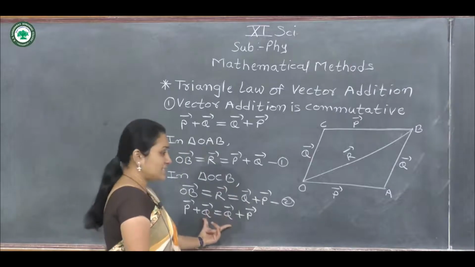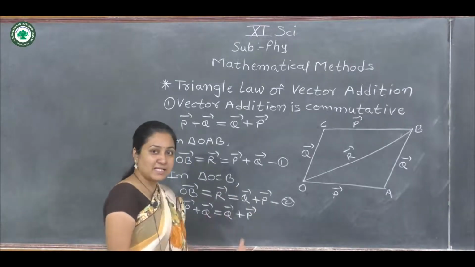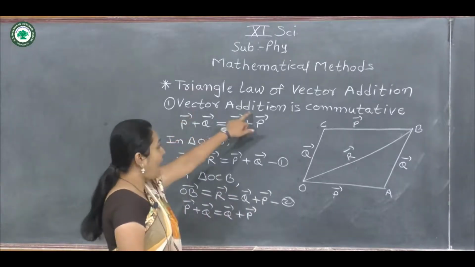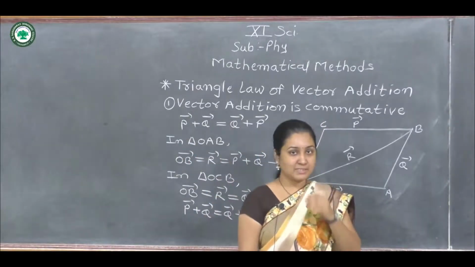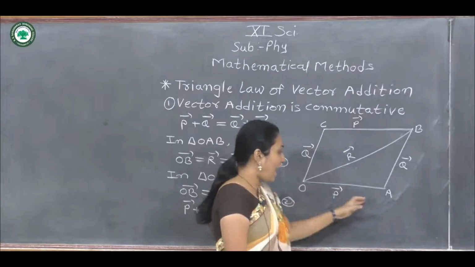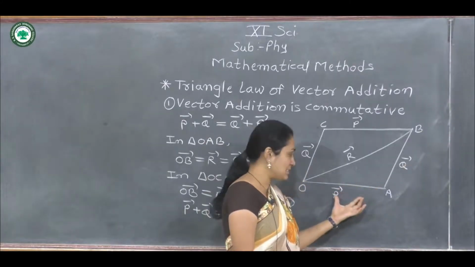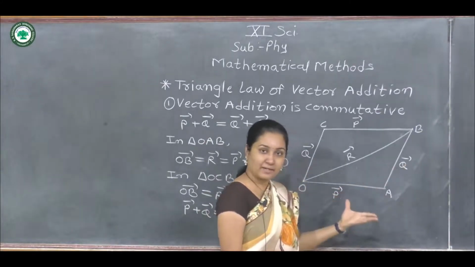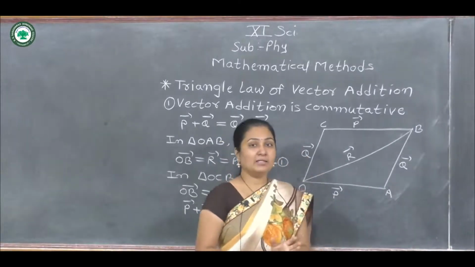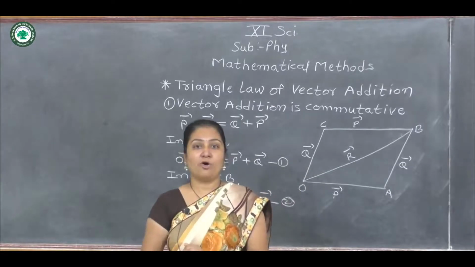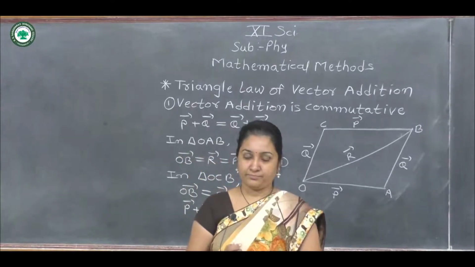So from this equation we can say that vector addition is commutative. That means whether we add the first vector plus the second or the second plus the first, we will have the same value of the resultant vector.